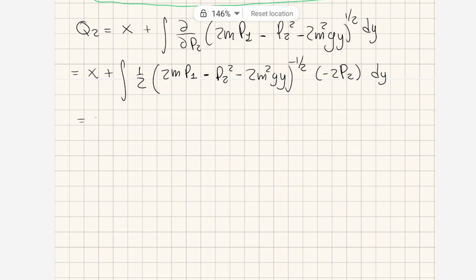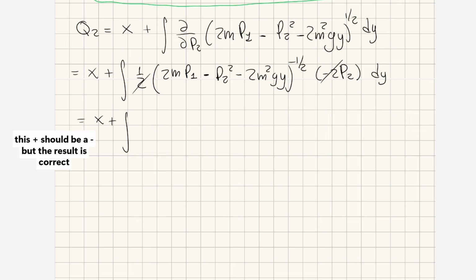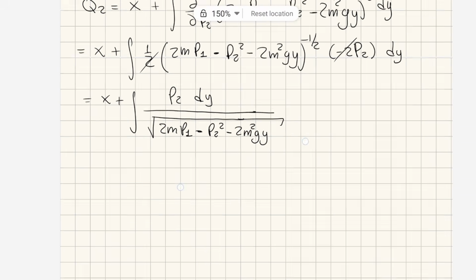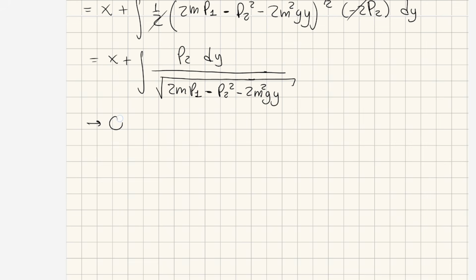Perfect, so we get x, we cancel these 2's, plus the integral of p2 divided by the square root of 2m p1 minus p2 squared minus 2m squared gy, and then dy here. Again, we are not going to solve this integral.